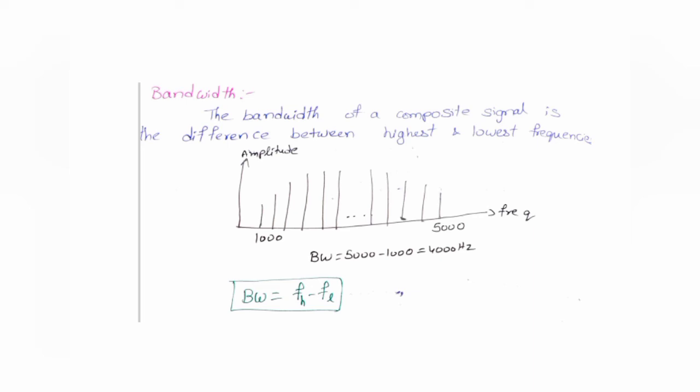Okay, so in the given composite signal, we consider the highest frequency and the least frequency, and we subtract them to obtain the bandwidth. So normally the bandwidth is measured in hertz. Okay, so bandwidth is the difference between the highest frequency and lowest frequency of the composite signal.